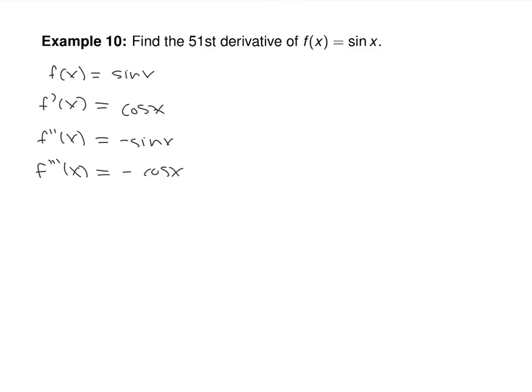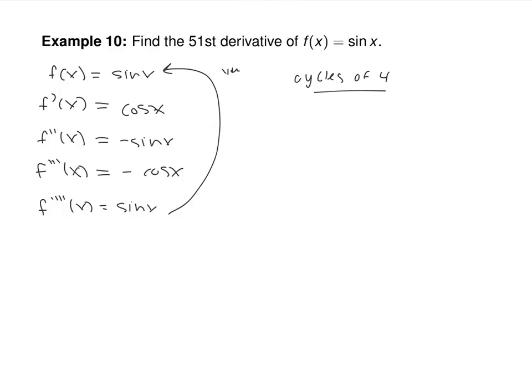And then what is the fourth derivative? Sine. Oh, look, you're back where you started. So what's the fifth derivative going to be? Cosine. Sixth, negative sine. Seventh, negative cosine. There's the eighth, back at sine, right? See, you have cycles of 4.